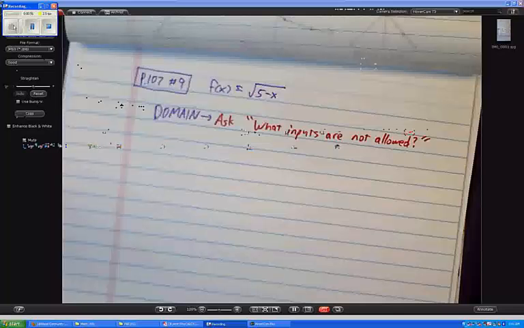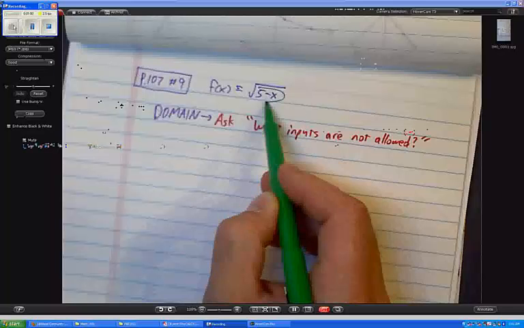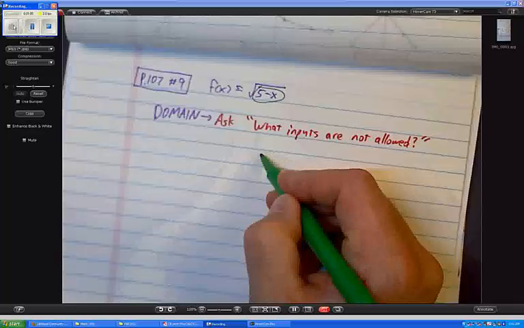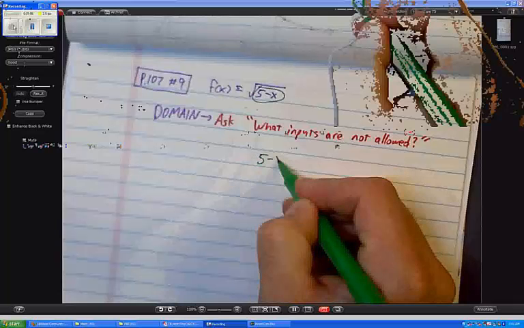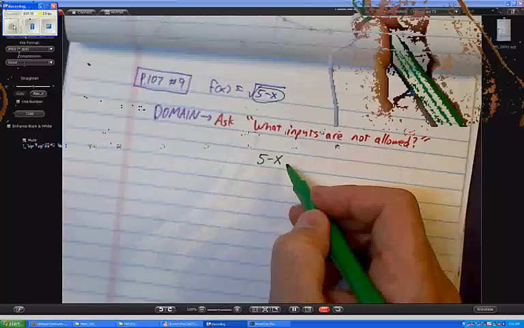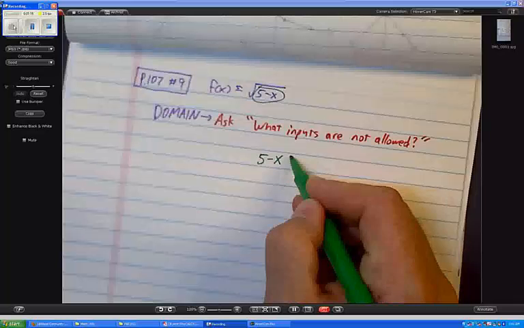Okay, so you understand that this radical, 5 minus x, the thing underneath the square root sign, the radical sign, has to be what? Greater than or equal to 0, right?